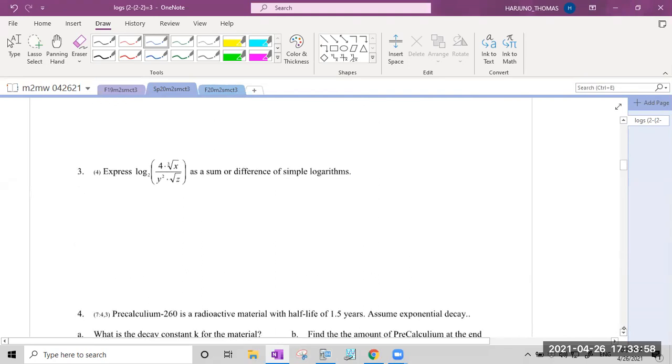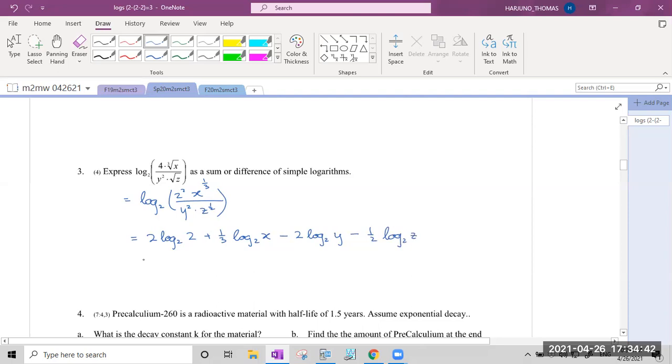Okay, express log base 2 of these as a sum or difference of simple logarithms. This is equal to log base 2 of 2 squared x to the power of 1/3 over y squared z to the power of 1/2. In one single step, this is 2 log base 2 of 2 plus 1/3 log base 2 of x minus 2 log base 2 of y minus 1/2 log base 2 of z.